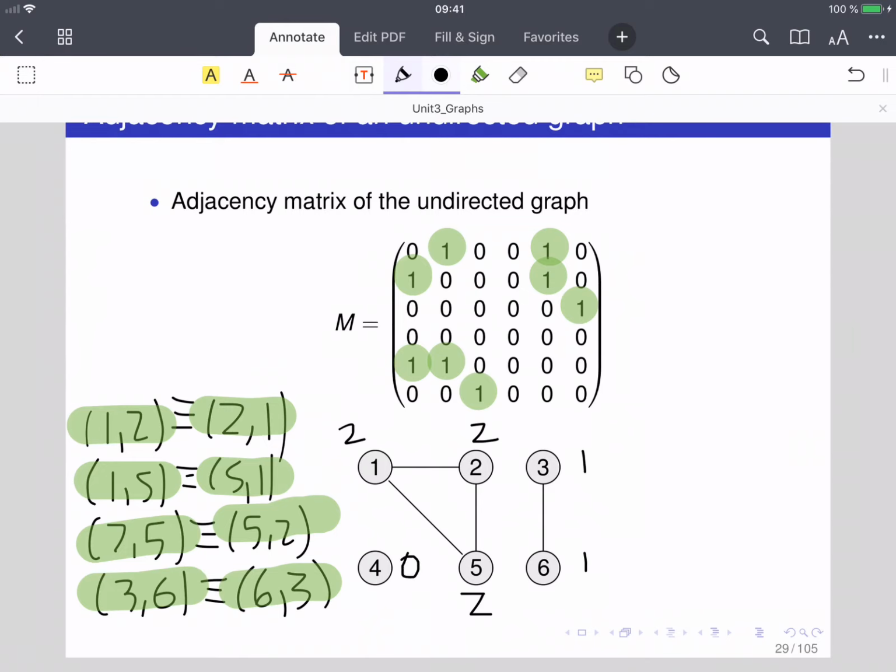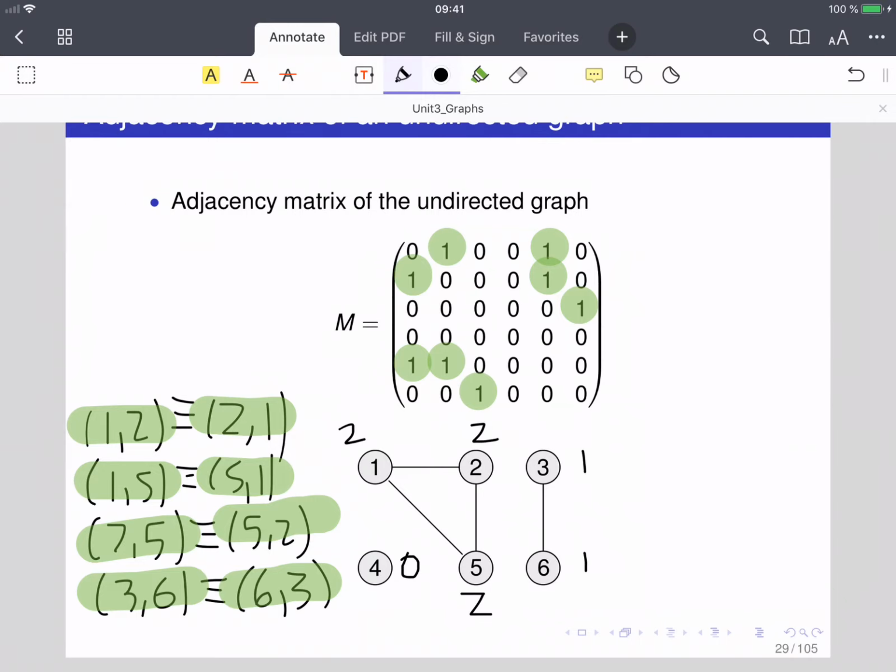Okay, so how can we get that information from the matrix? We can get that information very quickly, because if we compute the sum of the rows or the sum of the columns, it should be the same because the matrix is symmetric, we obtain exactly the number of edges that are incident in each vertex.